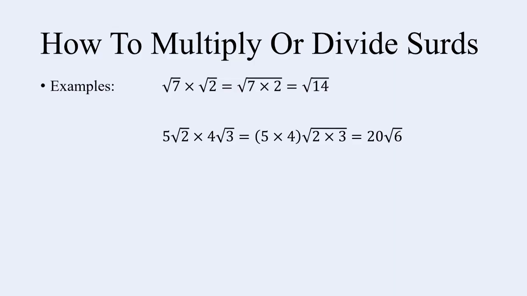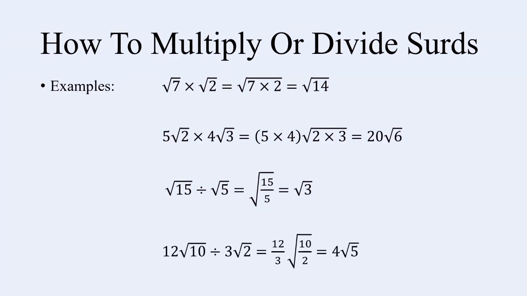Well, that equals 5 times 4 times the square root of 2 times 3, which gives 20 times the square root of 6. And finally, if we have 12 root 10 divided by 3 root 2, well, that equals 12 over 3 times the square root of 10 over 2, which is equal to 4 root 5.